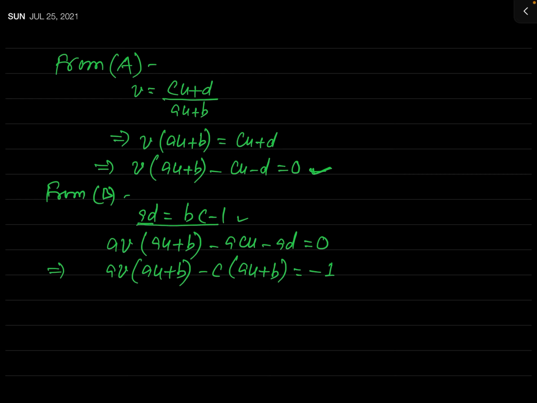Actually here AD has been replaced by BC minus 1, and you can simplify it a little bit. Au plus B is a common factor. So you can write it Au plus B into AB minus C, and that is equal to minus 1.